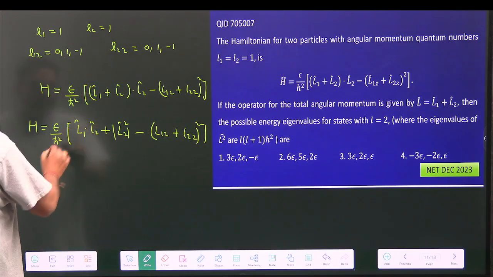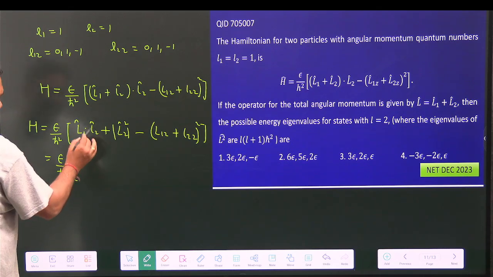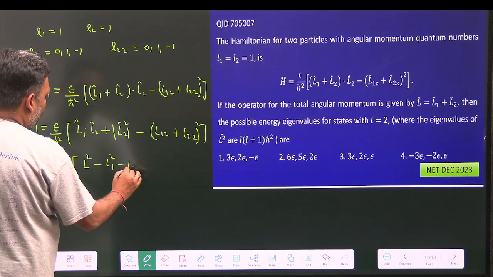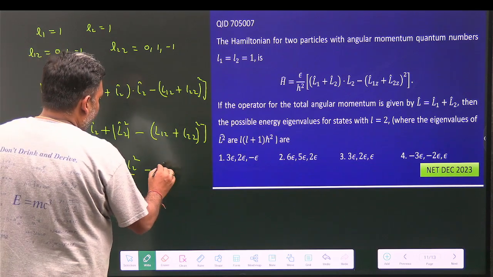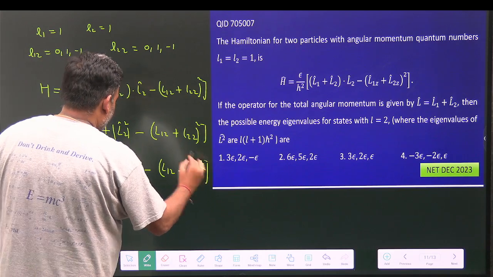Now we can write this term as epsilon upon h cut square, L square minus L1 square minus L2 square upon 2, minus (L1Z plus L2Z) whole square.